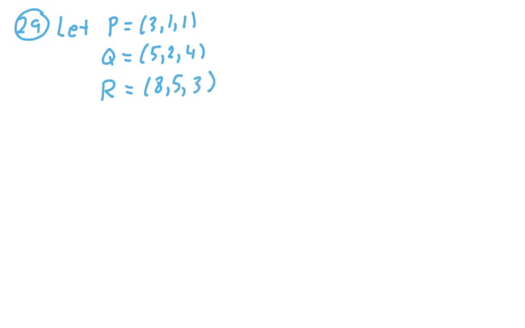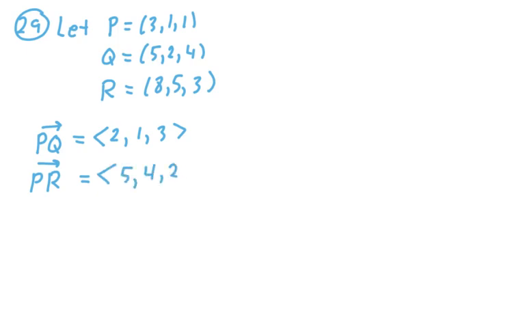Okay? Now, what is PQ? PQ is the vector (2, 1, 3). PR, that's the vector (5, 4, 2).